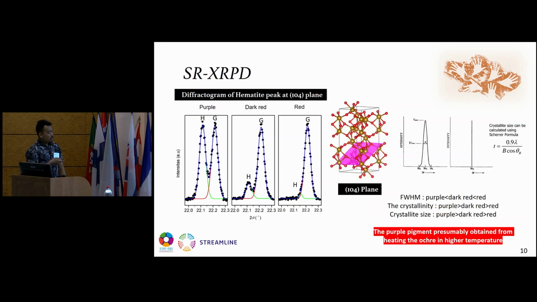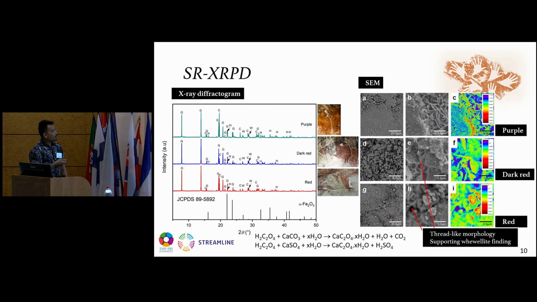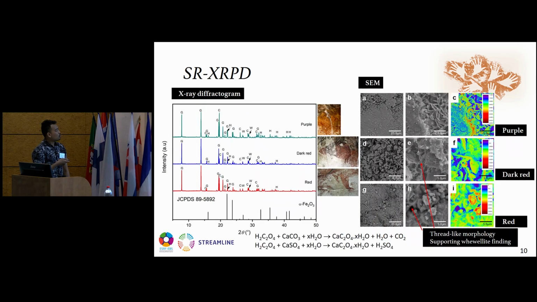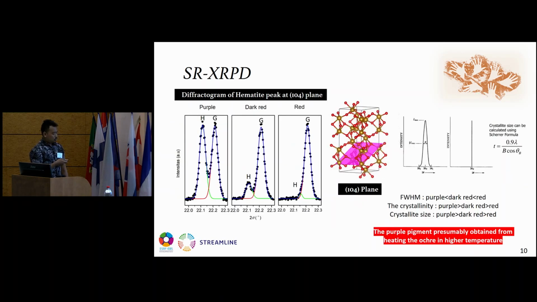And then what is the difference in the hematite between the three types of pigment? So we zoom in on the highest peak of the hematite, here at 22.1 degrees. So we could see different properties of hematite. The peak of hematite in the purple pigment is very strong compared to the other pigments.